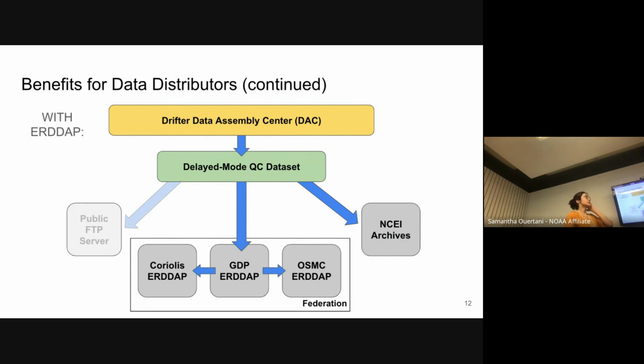So here is the flowchart showing the data distribution now that we do have an ERDDAP server. So once again, starting at the data assembly center, we have prepared an update for one of our QC datasets. Again, for example, our hourly SST and velocity. Now with our ERDDAP server, we simply send the files to our GDP ERDDAP. And because Coriolis and OSMC, their ERDDAPs are linked to ours in a federation, they simultaneously will receive the update.